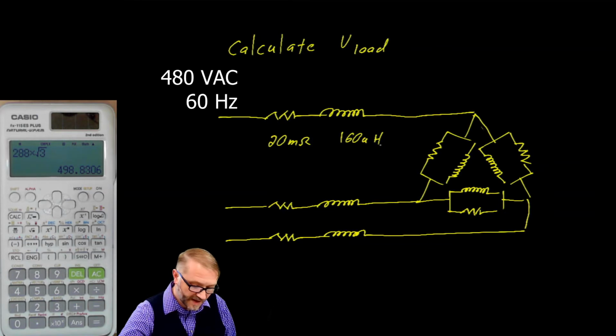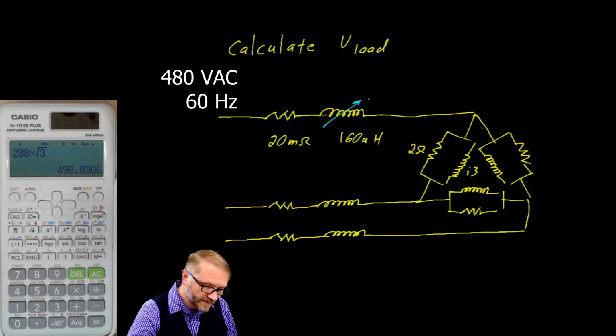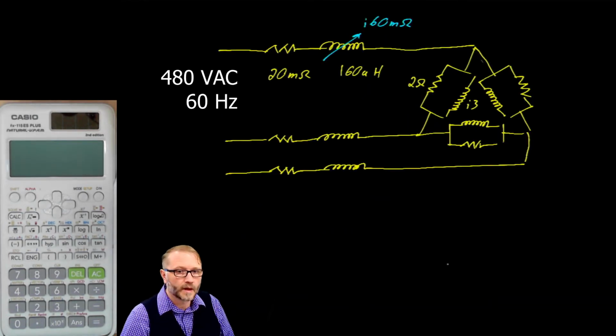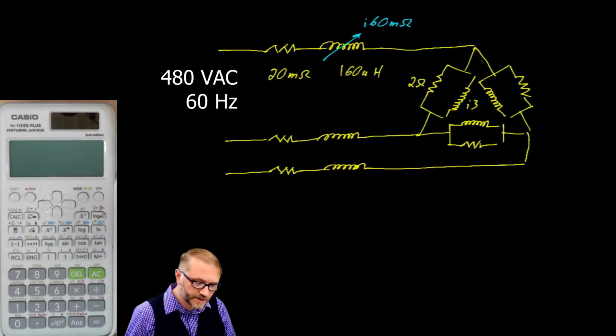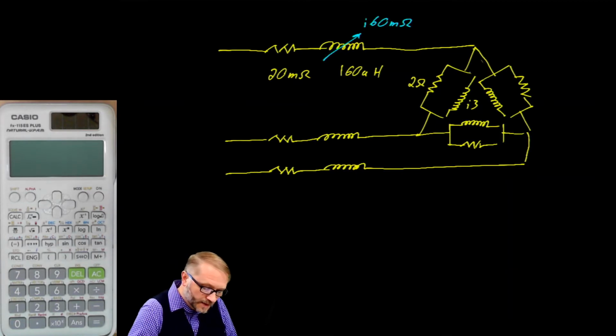We'll let the phase impedance be 2 in parallel with a j3 inductor. Your opening move would be to calculate the impedance, and I'll leave that up to you to show that this is j60 milliohms.